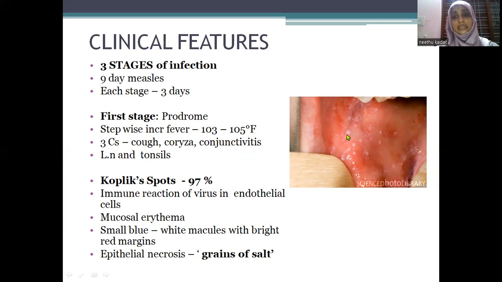As you can see here, these are white markings with bright margins, or mucosal erythema, showing destruction of endothelial cells that lead to epithelial necrosis. It is also called grains of salt.